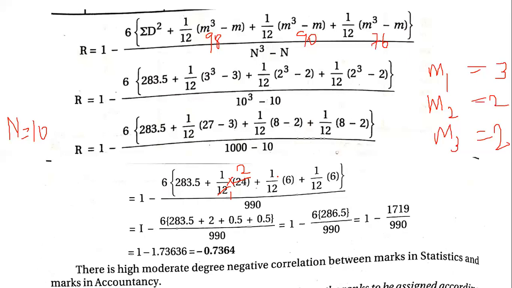Now going on further, 6 ones are 6 twos are. So how much do I get the value here? 1 by 2, which is nothing but 0.5. Similarly, 6 ones are 6 twos are, so what is remaining? 1 by 2, which is nothing but 0.5. Whole divided by 990.